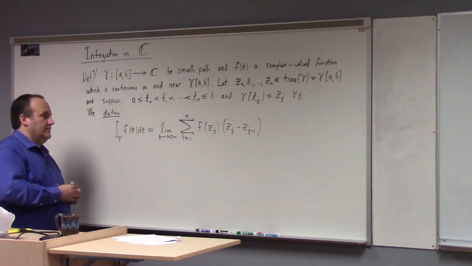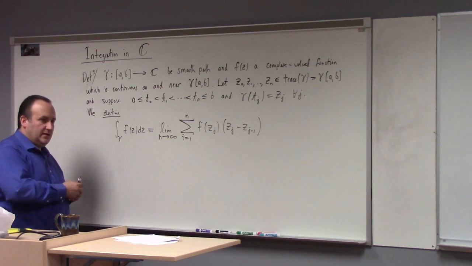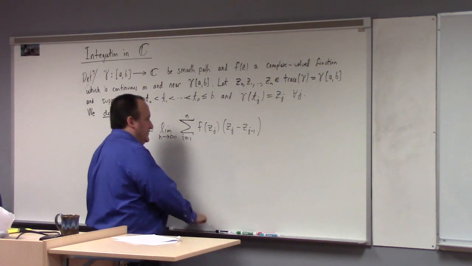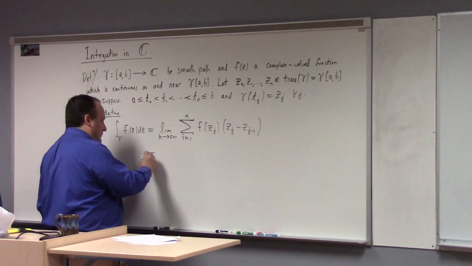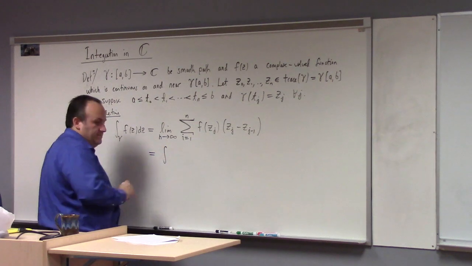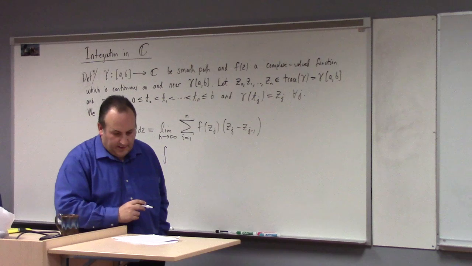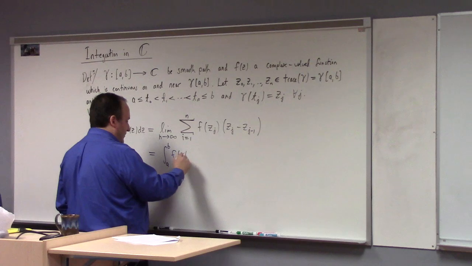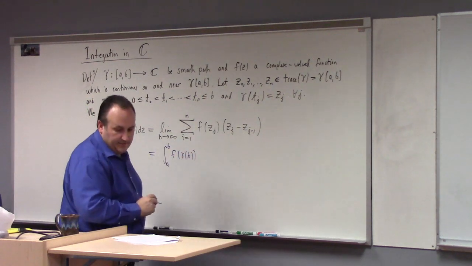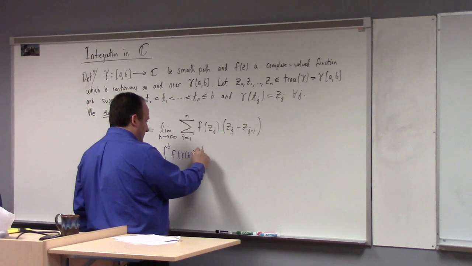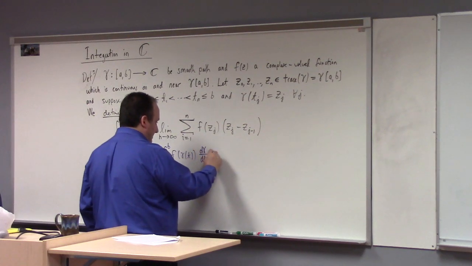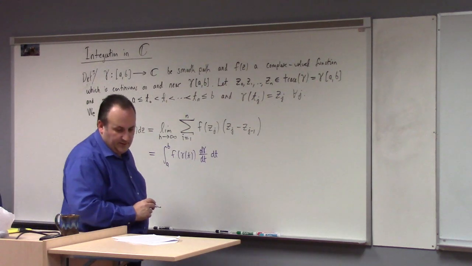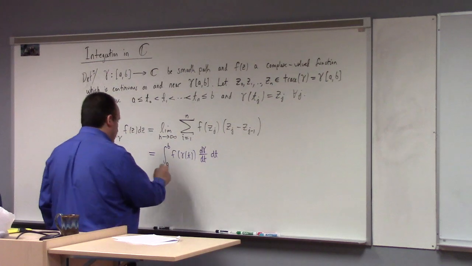Now, that is one definition you could make, all right? I will prove that this definition is in fact equivalent to just writing the following. You could also say it's equal to the integral from a to b of f of gamma of t times d gamma dt. Or if you like it in terms of real integrals, you could write it like this.